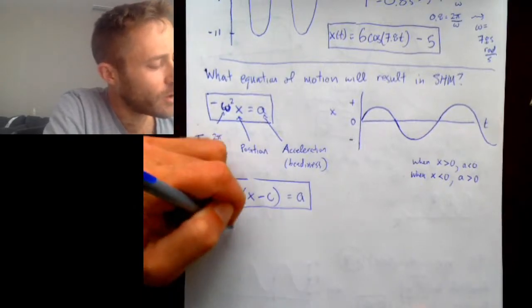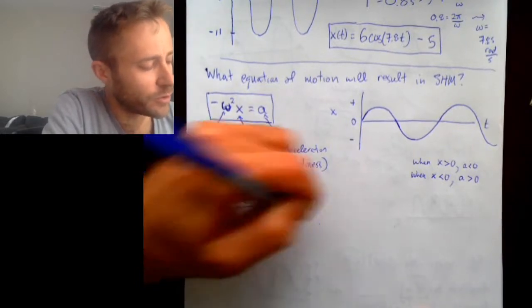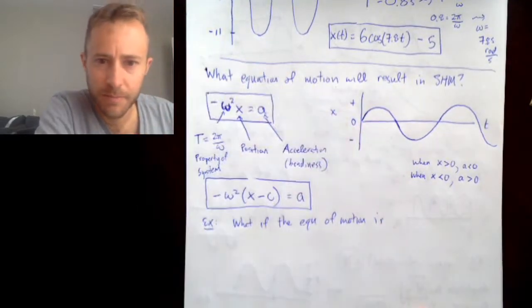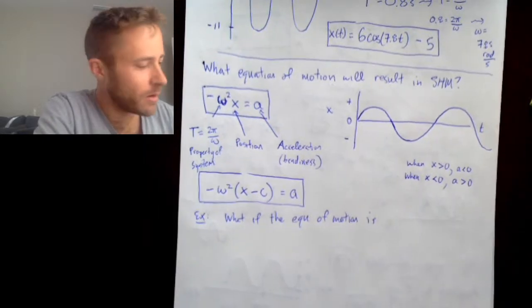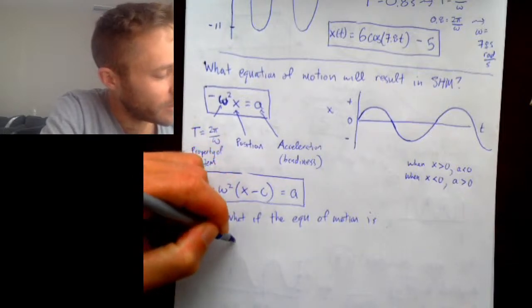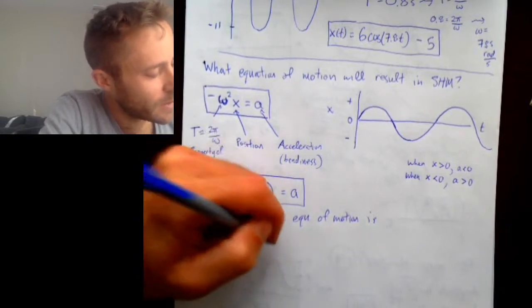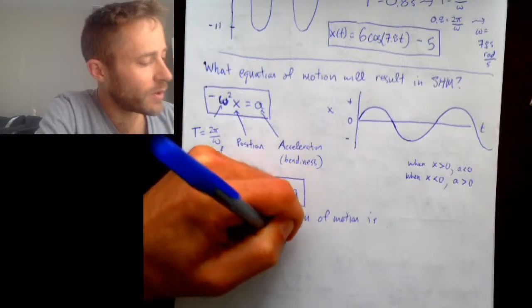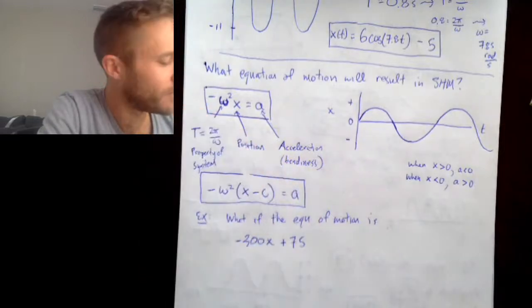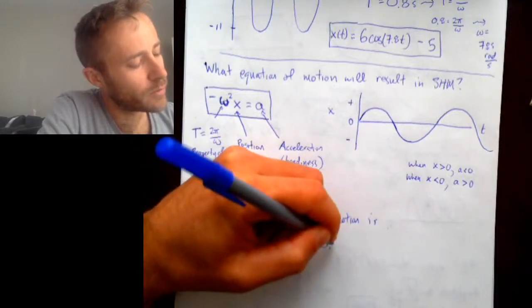Okay, so let's suppose that the equation of motion is negative 300x plus 75 equals 0.2a.